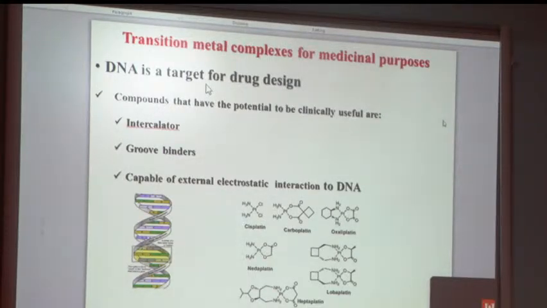Now, one of our works is focusing on preparing transition metal complexes for medicinal applications. While transition metal complexes for medicinal purposes are prepared, some points are taken into consideration.